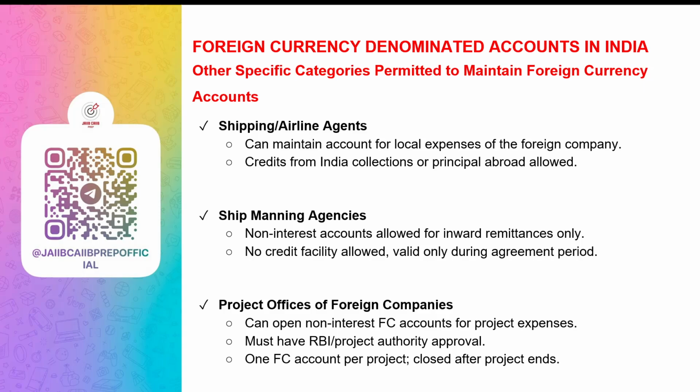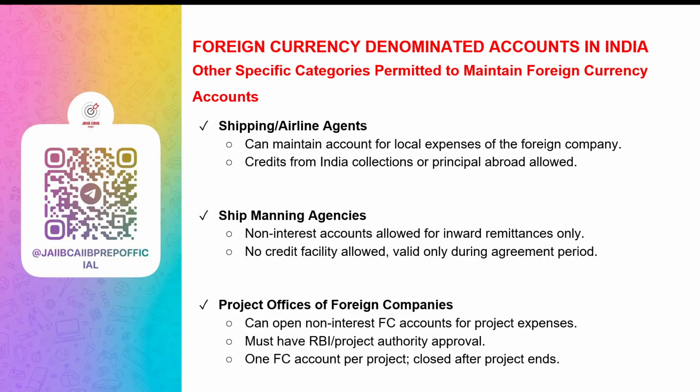Project offices of foreign companies. So, foreign companies setting up a project office in India can open one or more non-interest earning foreign currency accounts, if RBI and the project authority have given the approvals, the project contract specifies foreign currency payments, and only one account per project is allowed.